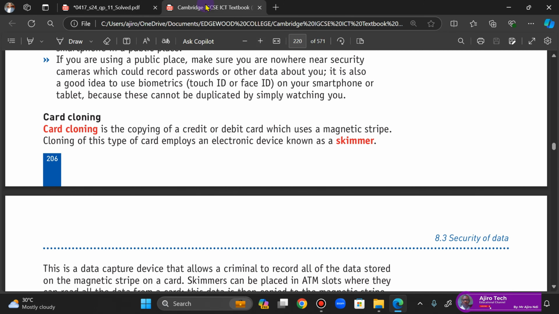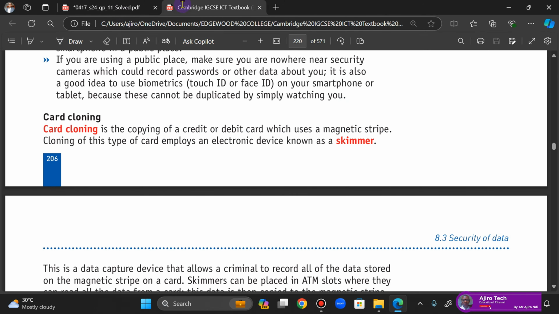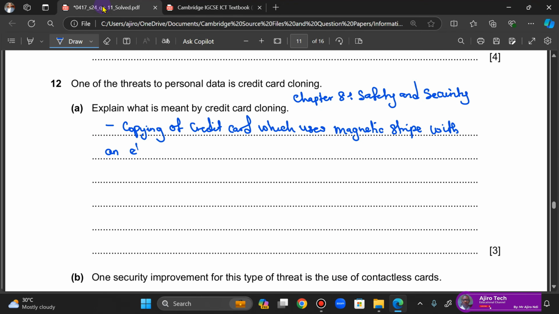with an electronic device known as a skimmer.